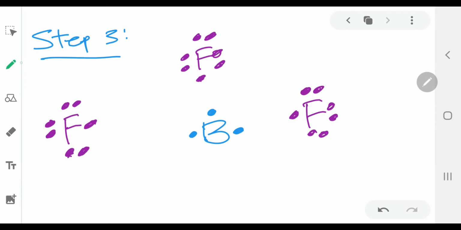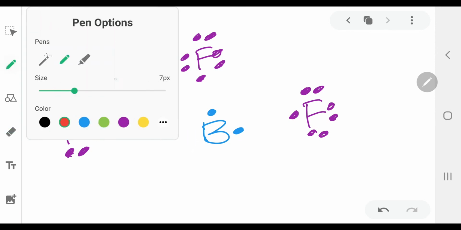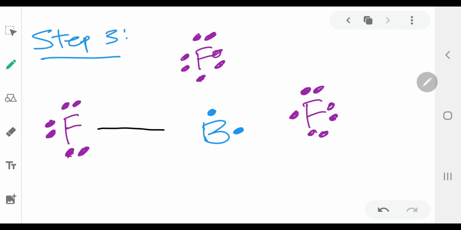So next, step number 3, you need to draw the bonding pair and identify the unpaired electrons. So you have this unpaired electron with that unpaired electron, and you form a bonding pair. This unpaired electron and that unpaired electron will be shared to form that bonding pair.